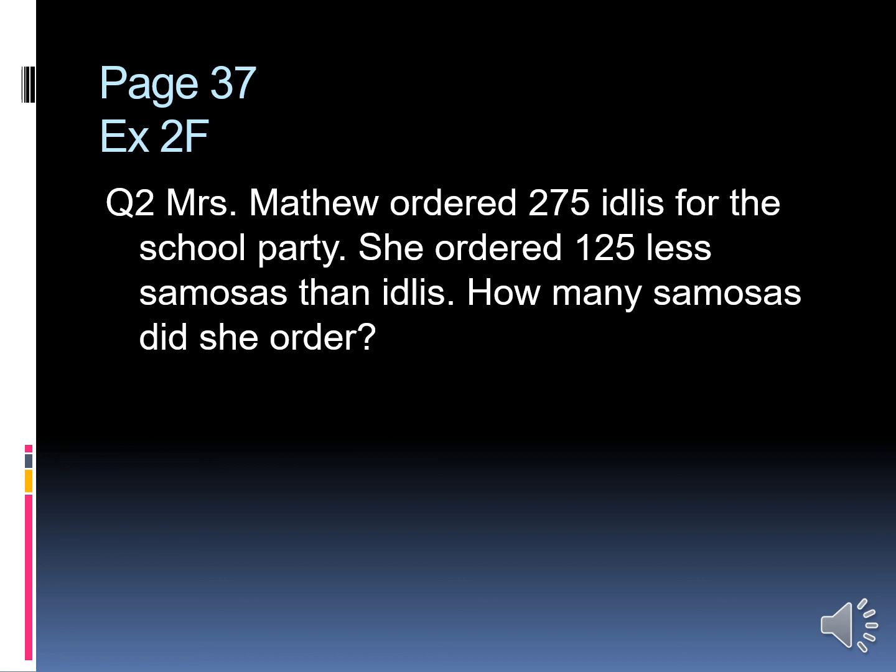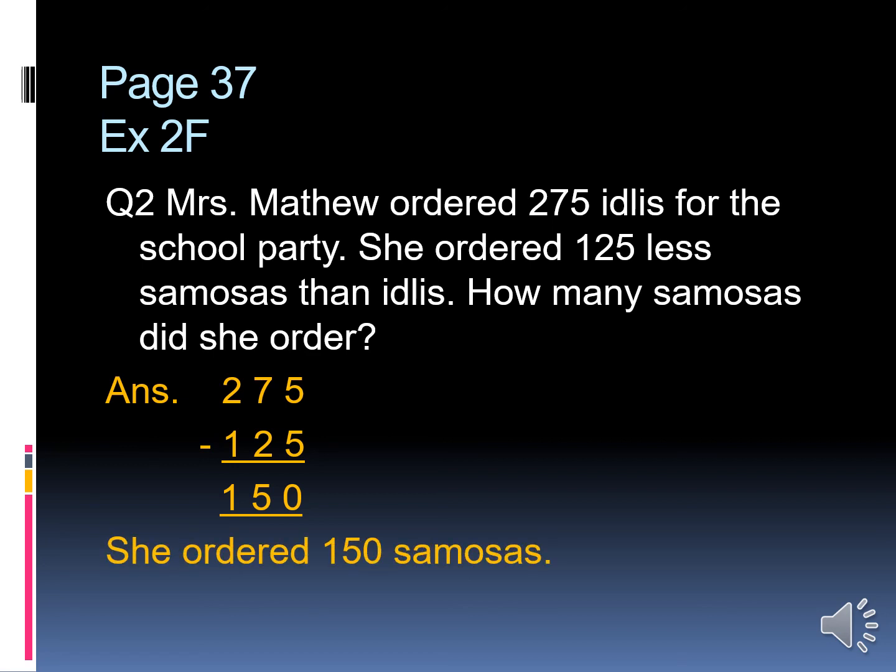So, to find out the number of samosas she ordered, we need to subtract. So, the bigger number, that is 275 minus 125, will give us 150. So, the answer statement will be, she ordered 150 samosas.